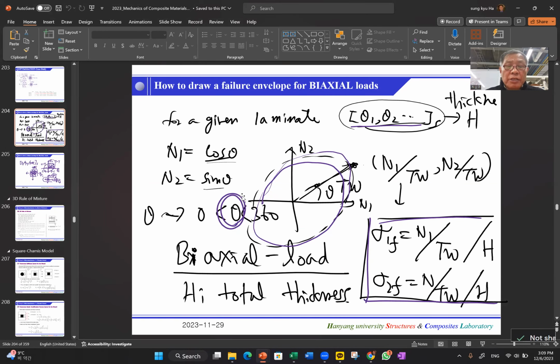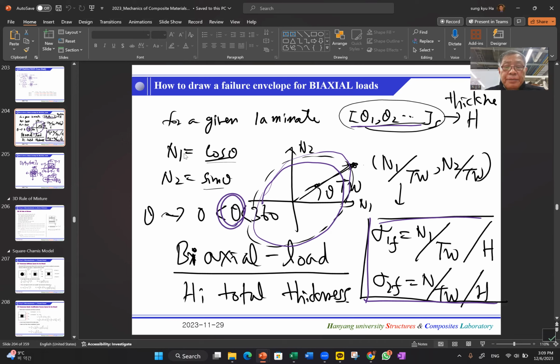There is not much theory involved, but by using the feature of the quick chart, we can automatically draw a failure envelope, which can be very useful in design of composites or understanding the behavior of a laminate.